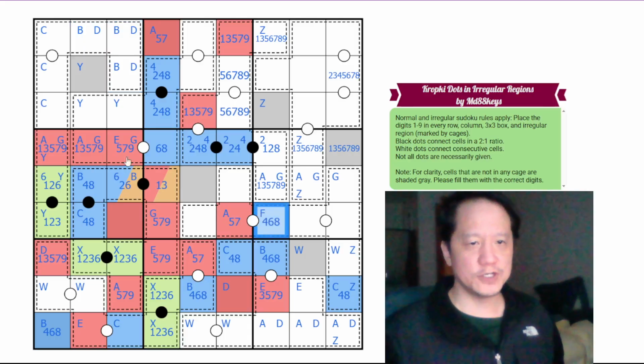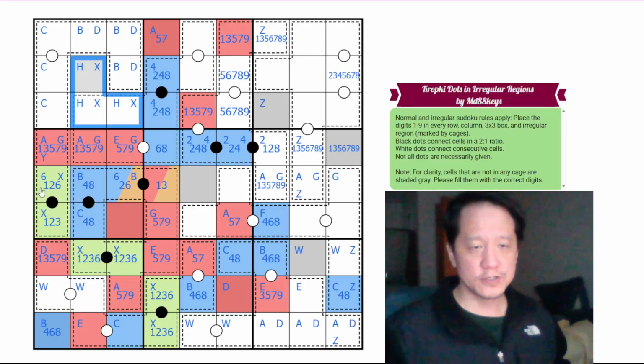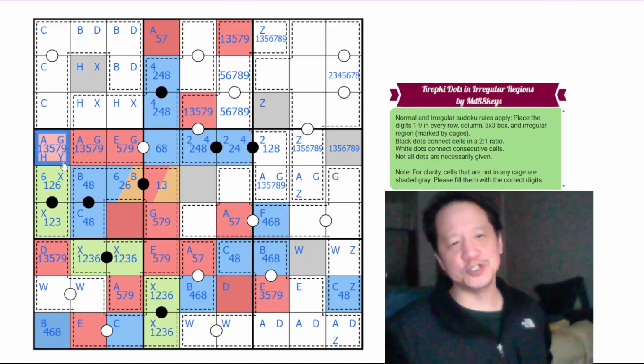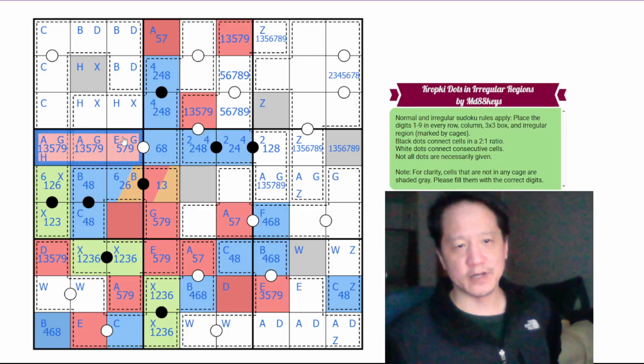So we have G. Let's make these actually X. So these are X and H. This is an H. But it could be A or G, possibly too.